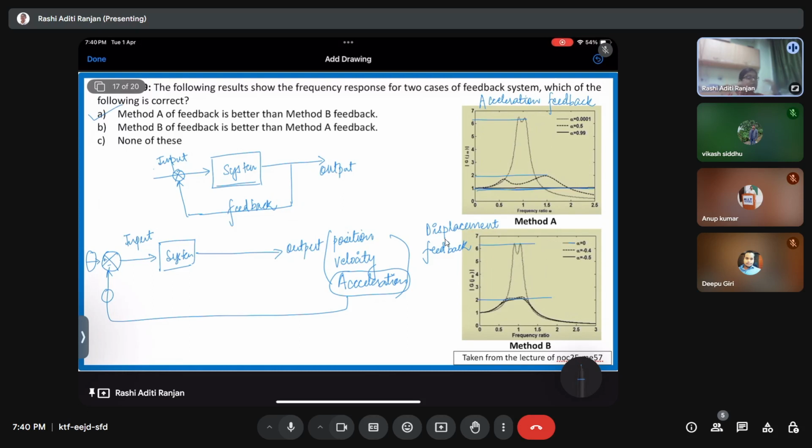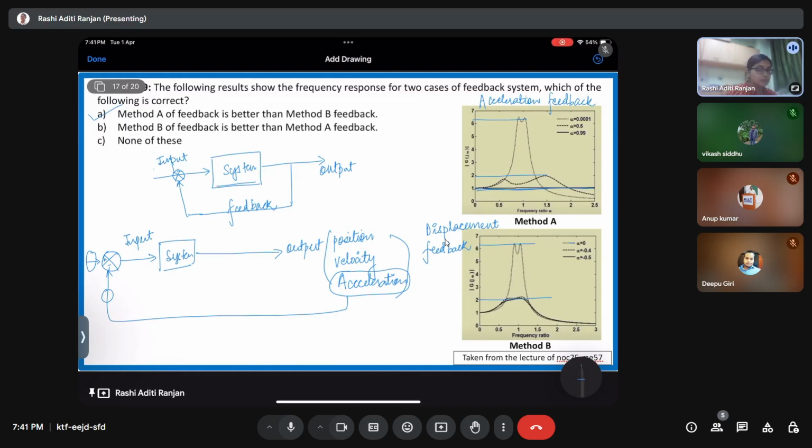So if at the base, which is the acceleration, I try to control the acceleration, it is easier for me to control the position, because position is obtained from where? From the acceleration itself, right? But when I talk about a position controller, position feedback, I'm actually controlling the position. So my input is being decided on the basis of the change in the position, right? And it is not giving me that good control over my system. So that is how you can think.